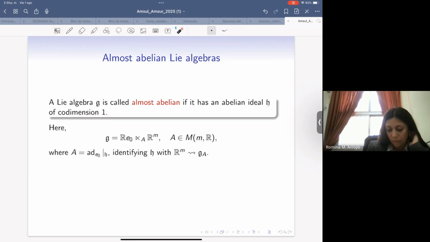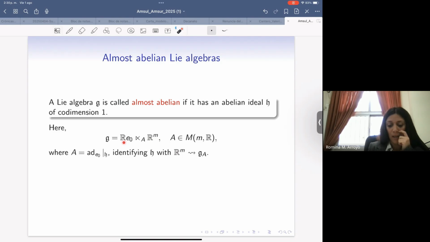So what is the definition of an almost abelian Lie algebra? This Lie algebra has an abelian ideal of codimension one. If you take your abelian ideal and then take one element outside of that abelian ideal, you can write your Lie algebra, fixing a basis, as a semi-direct product of the element which is not in the ideal and the ideal.